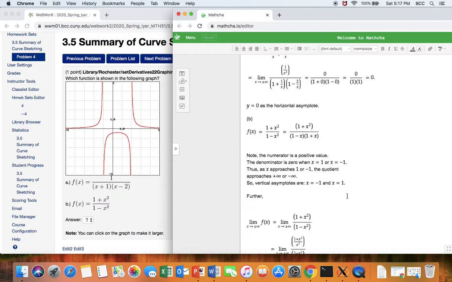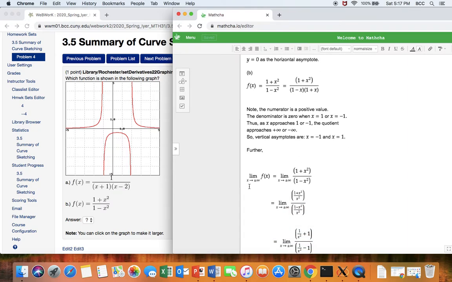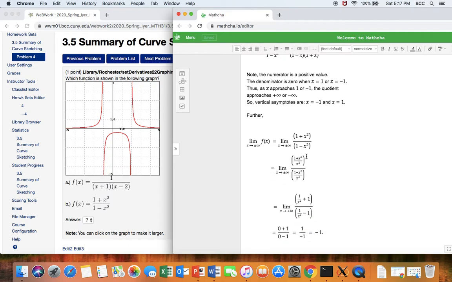What about horizontal asymptotes? Let x approach plus or minus infinity of f of x. This is a rational function, so you divide by the highest power of the denominator, that is x squared. Divide the numerator by x squared, divide the denominator by x squared, and distribute the division.